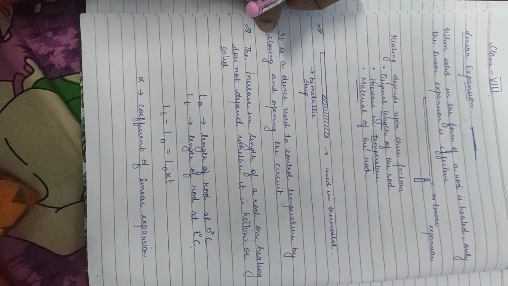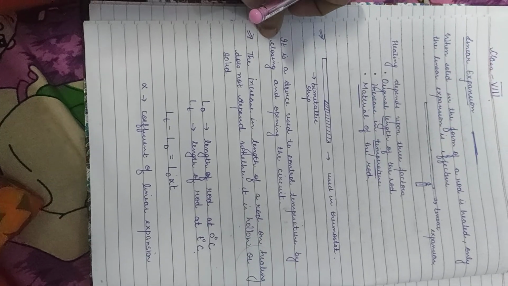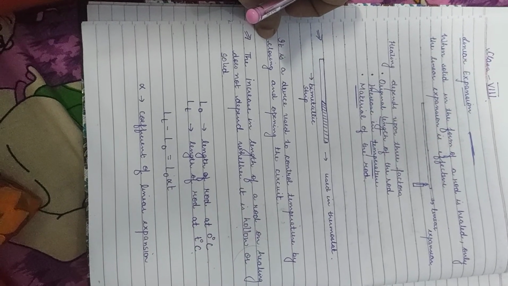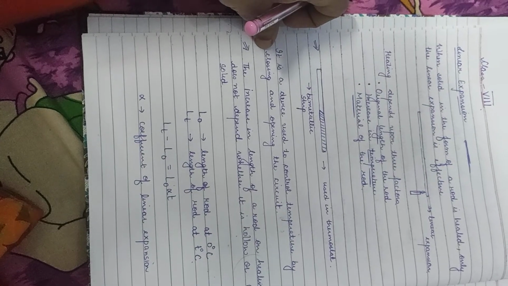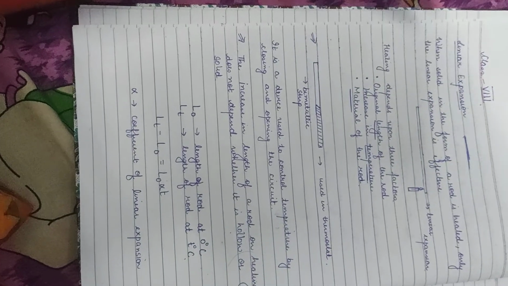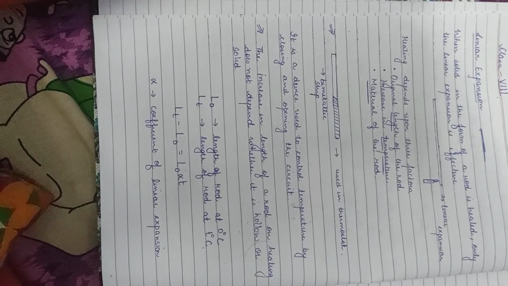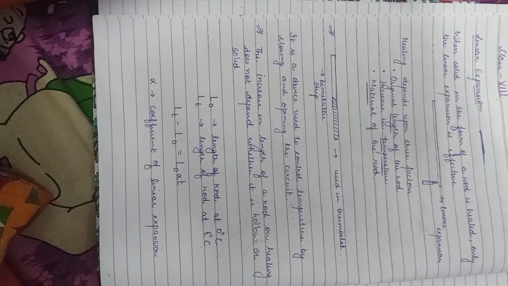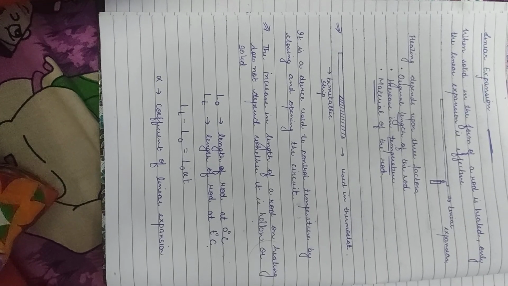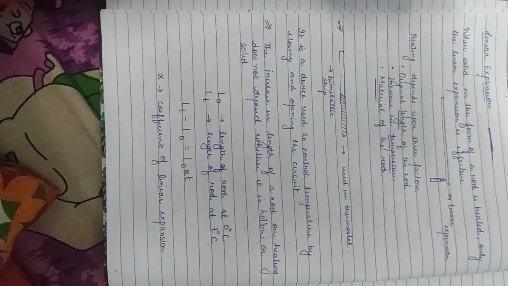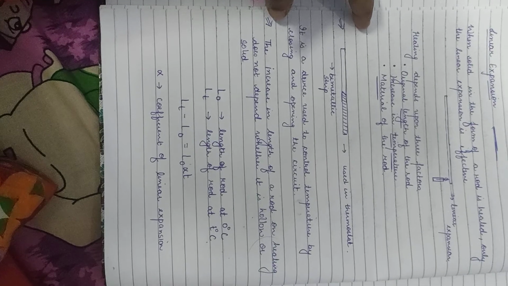But the expansion in both the cases will be different. It depends upon the quality of the material, you can say the molecules present in that material. So that's why there are three factors. One is temperature, another one is original length, and the third one is material.